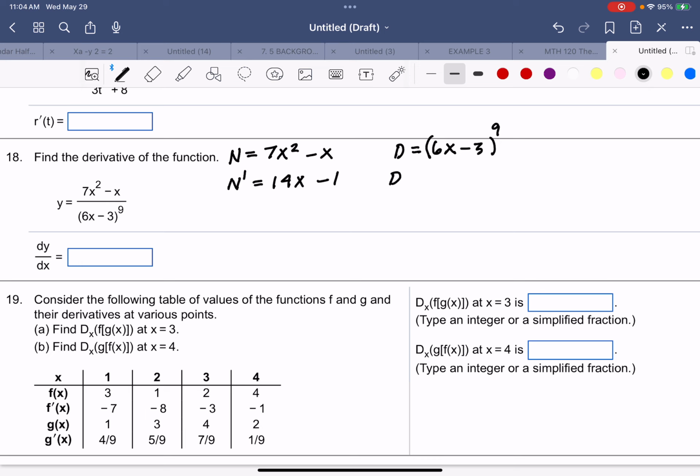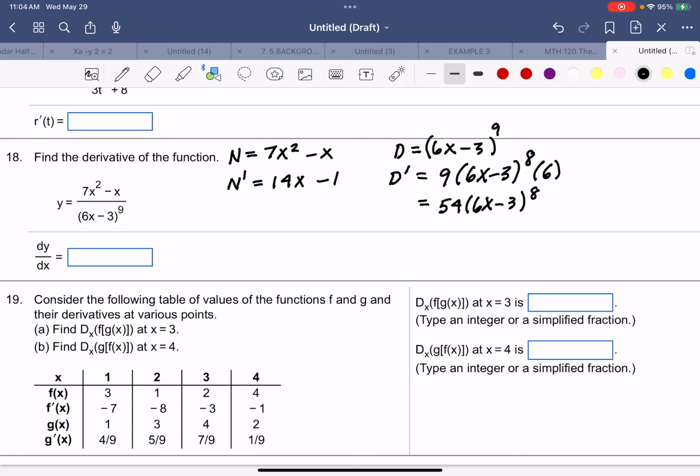So the denominator's derivative is the power 9, the base to the power minus 1, which would be (6x minus 3) to the 8th, and the derivative of that internal base, or chain rule there, is 6. So that's 54 times (6x minus 3) to the 8th.